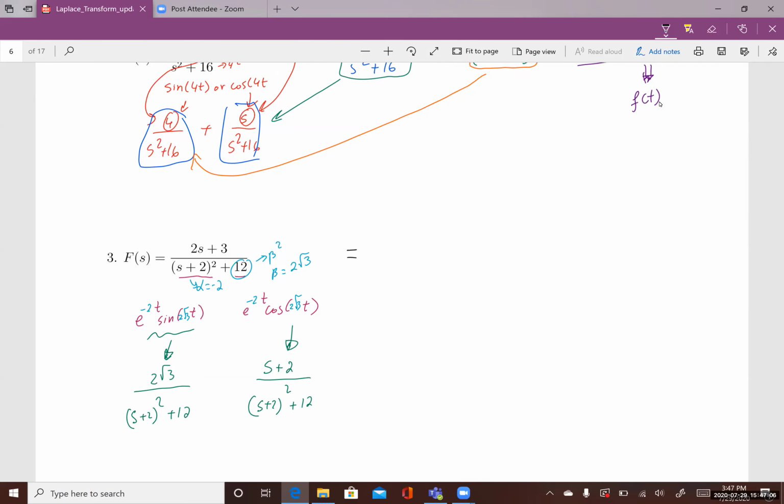Again, you have s here and you have a constant. So you want to break it down into two different fractions.